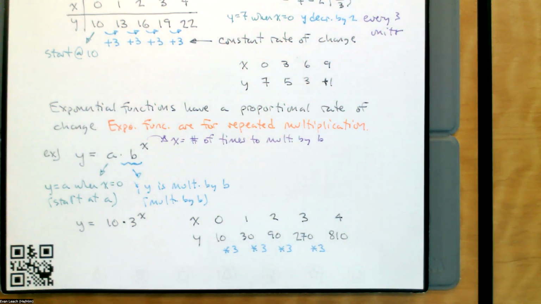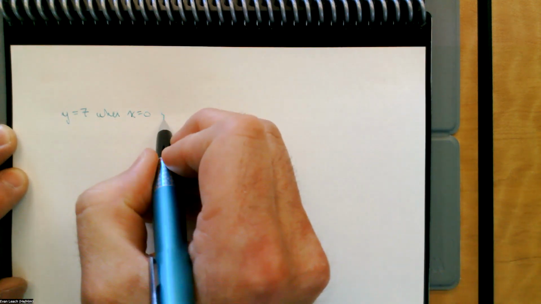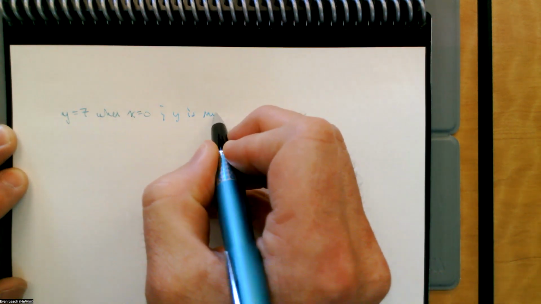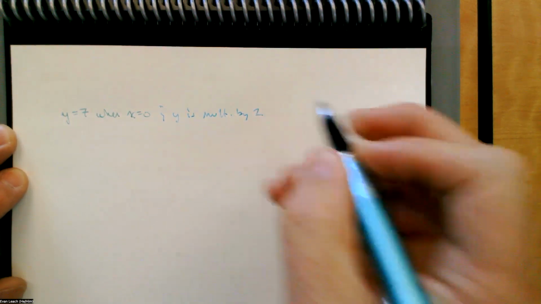So the reason that I like the x over run is if we're not going to multiply by 3 every 1 unit, but we're going to multiply by 3 every 2 units, or multiply by 2 every 3 units, to copy the one from above. So if I want to describe a scenario where y is equal to 7 when x is equal to 0, and I want y to be multiplied by 2, but not every 1 unit.